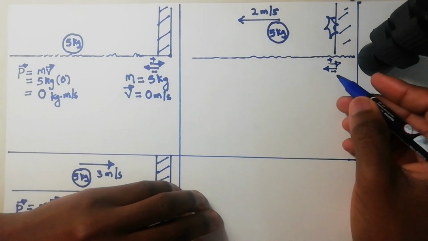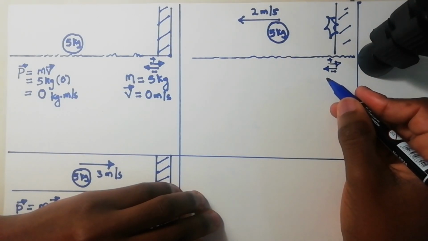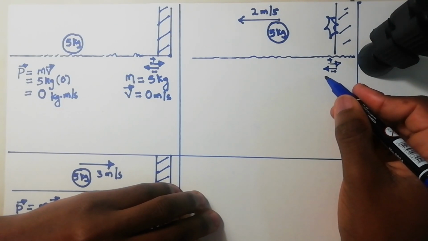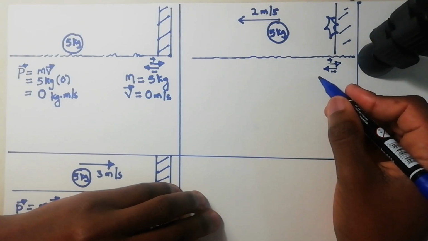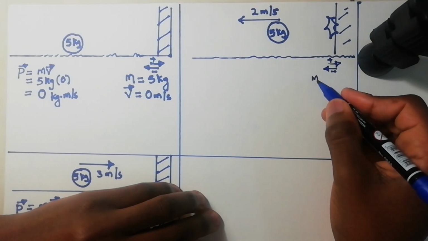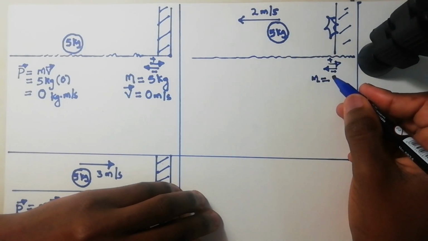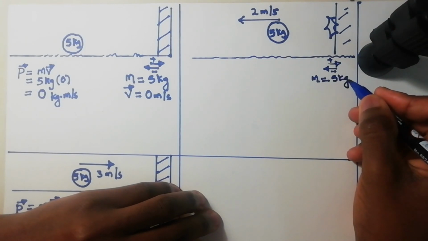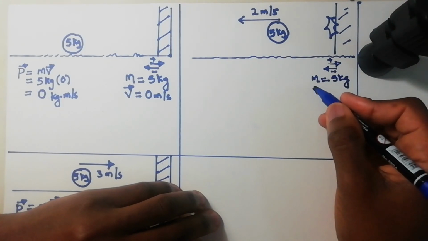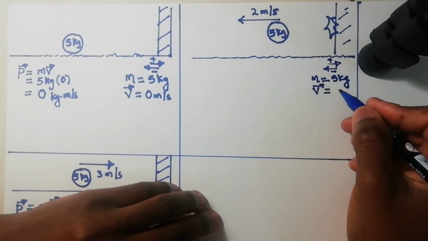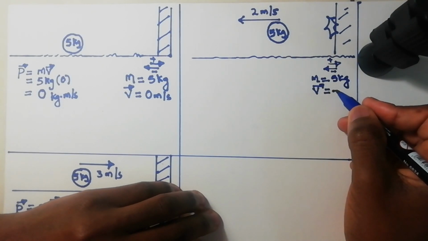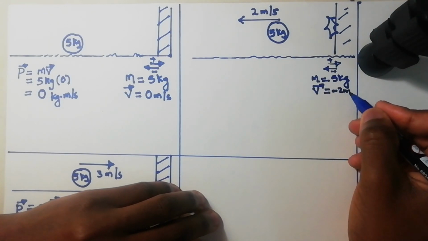Second step, we list the useful information to calculate the momentum of this ball. Our mass equals 5 kg, our velocity equals negative 2 meters per second.